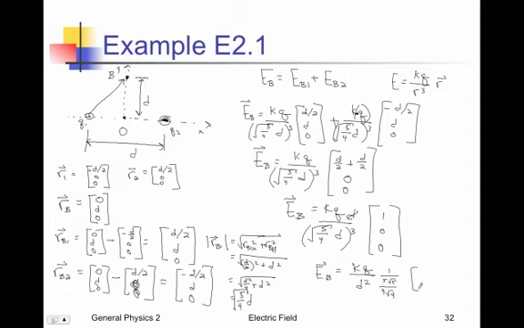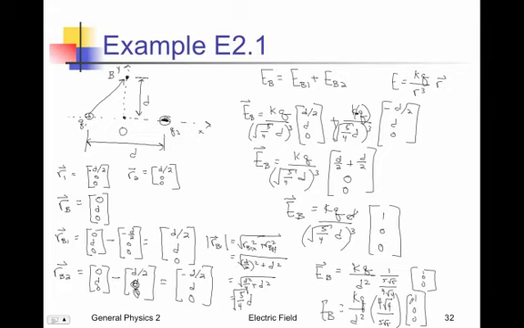So I can flip that. E_B equals kQ over D squared times 4 times the square root of 4 over 5 times the square root of 5, times 1, 0, 0.